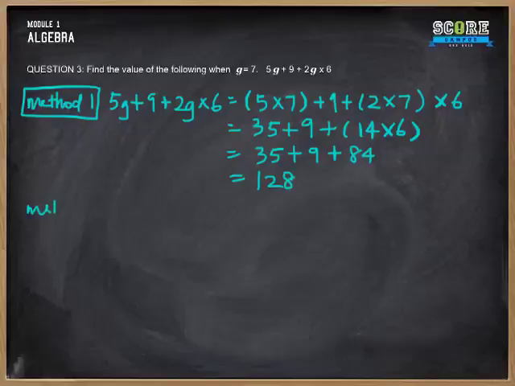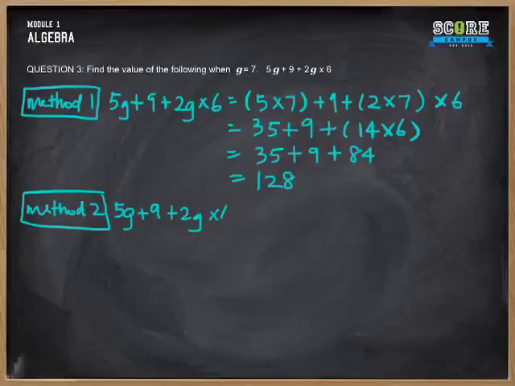Moving on to method number 2. This method is to simplify the algebraic expression before substituting the g, which has a value of 7. So write down the expression: 5g plus 9 plus 2g times 6 equals 5g plus 9 plus, the multiplication being the first order of operation, 2g times 6 in brackets.